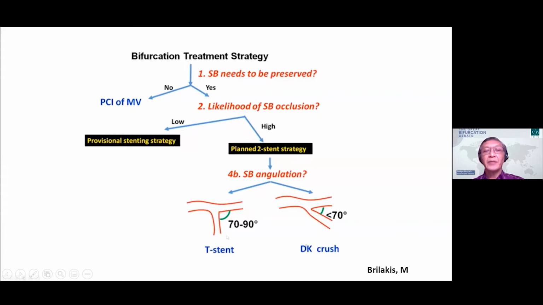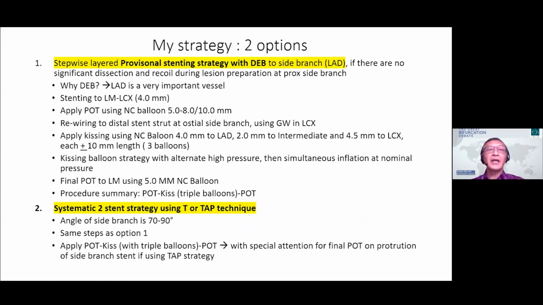If the side branch angulation is around 70 to 90, we consider T-stent or TAP. And if the side branch angulation is less than 70, DK crush, or maybe culotte. In this situation, the side branch is around 90 degrees, so T or TAP will be preferable compared to DK crush.